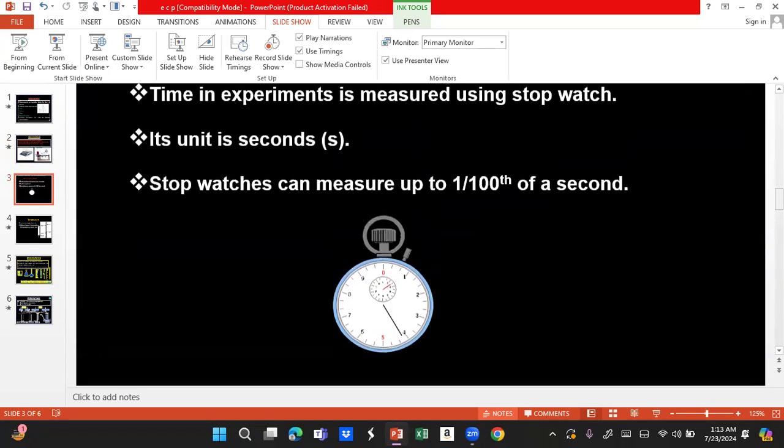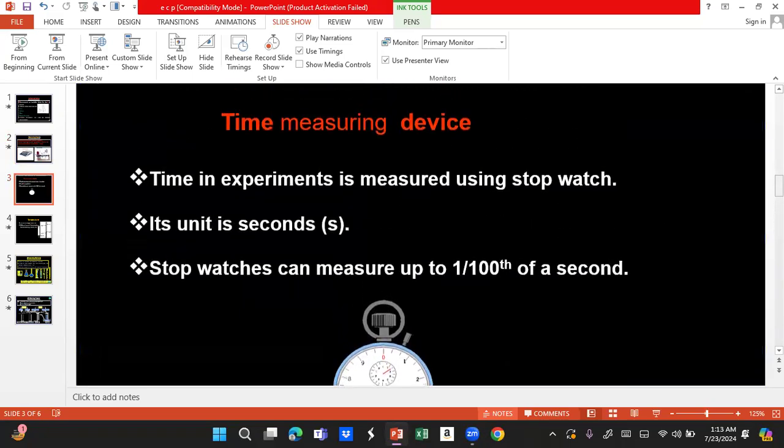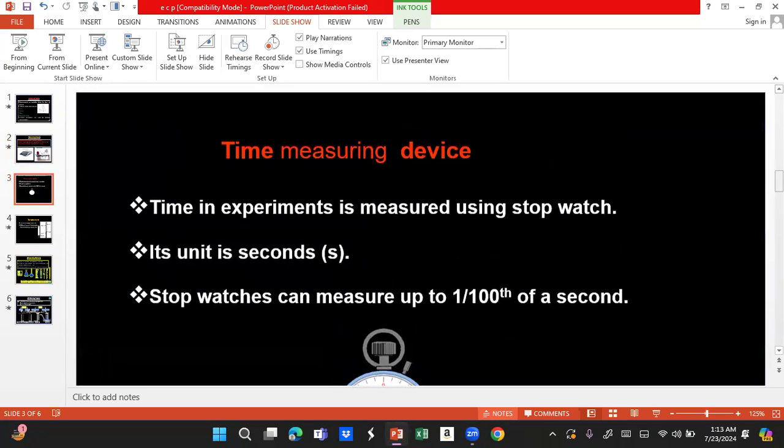Everybody must have a watch on their wrist to see time from. There are two types of watches, analog and digital. Over here, in chemistry laboratories, we usually use stopwatches. So time in experiments is measured using a stopwatch.